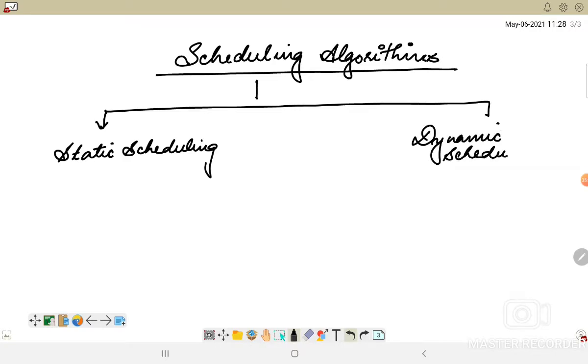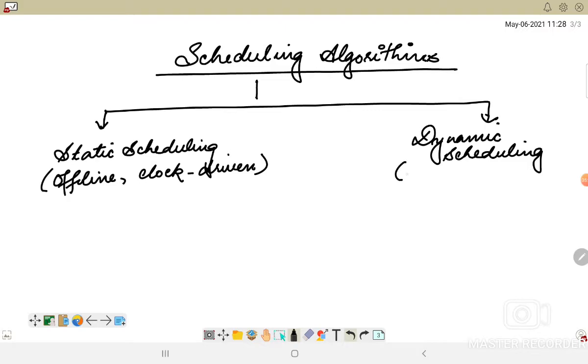Static scheduling is offline and clock driven, whereas dynamic scheduling is online and it happens spontaneously.